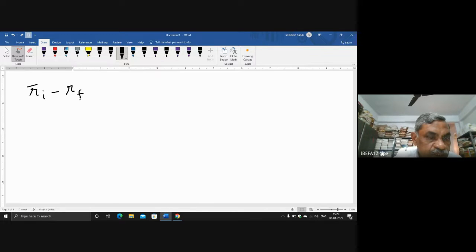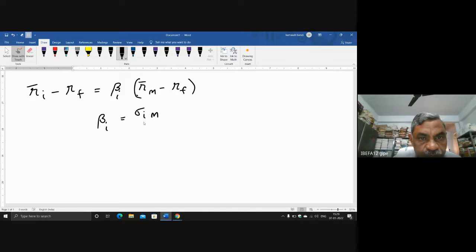That is, RF is fixed, and the difference between the two is the excess expected return, this term, equals beta I times (R bar M minus RF), where beta I is defined as the covariance between the ith asset and the market portfolio, standardized by sigma square M.